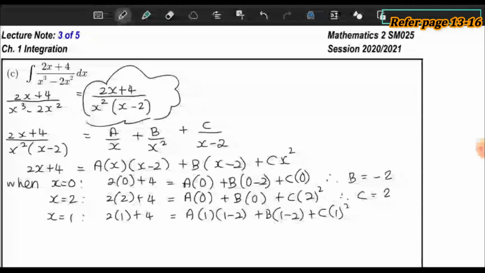Next, you need to substitute your value of b and c inside. Replace your b with negative 2 and your c with 2. Therefore, you will get a equal to negative 2.